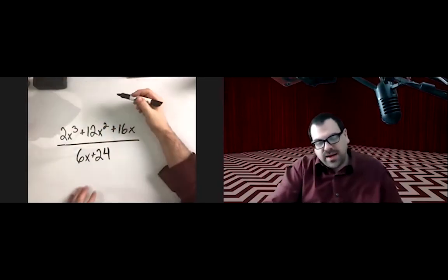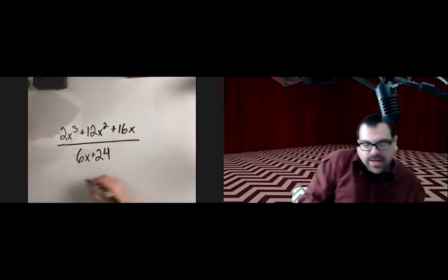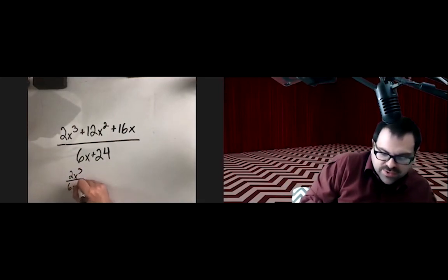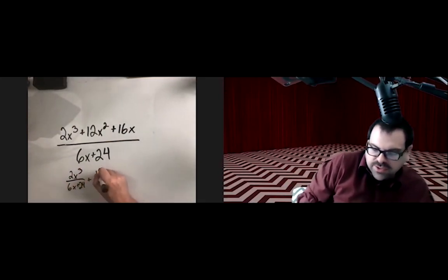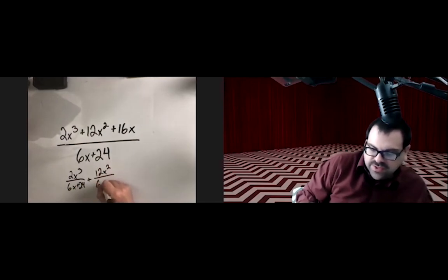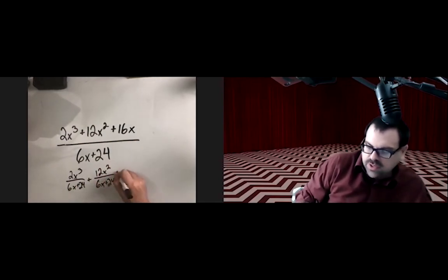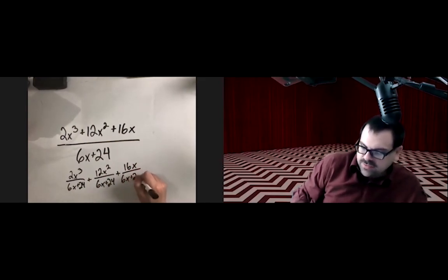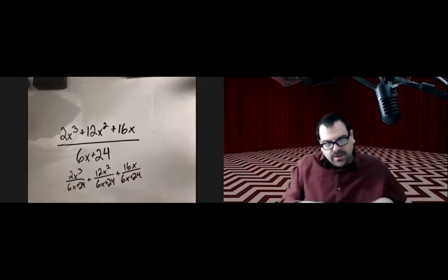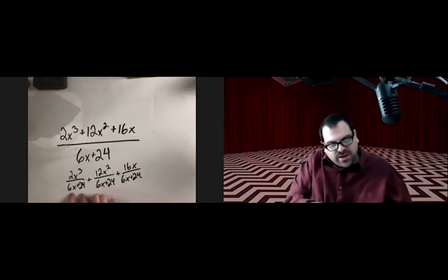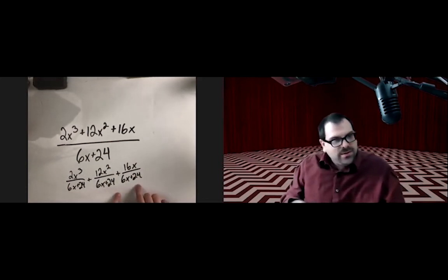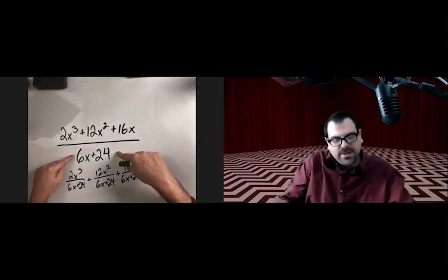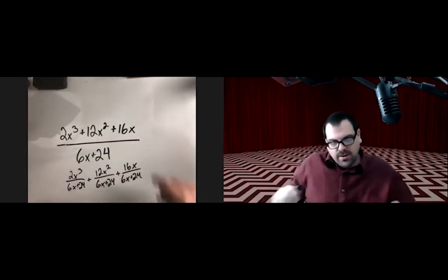In fact, if it helps you to think about it, this is like having 2x cubed over 6x plus 24 plus 12x squared over 6x plus 24 plus 16x over 6x plus 24. How do we add 3 fractions with a common denominator? Well, when it's the same thing on the bottom, we leave it on the bottom and then we add across the top.